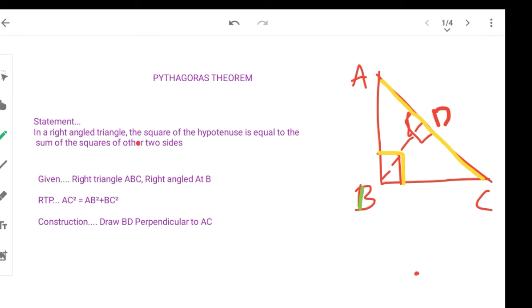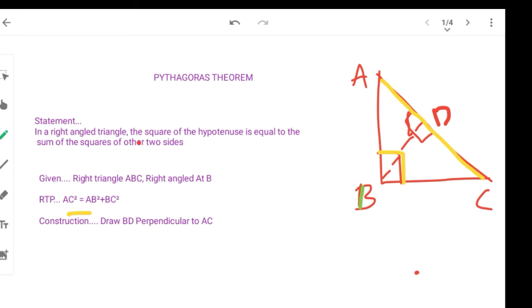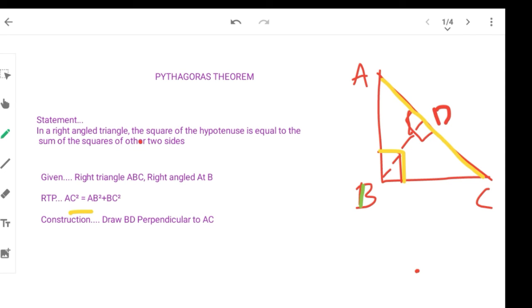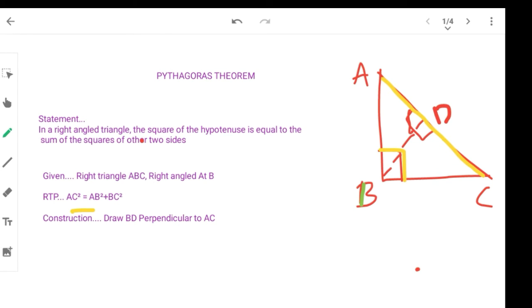So the square of the hypotenuse, AC square, is equal to the sum of the squares of the other two sides. What are the other two sides in this triangle ABC? Other than the hypotenuse, the other two sides are AB and BC. So what we have to prove is AC square is equal to AB square plus BC square. That is the RTP.